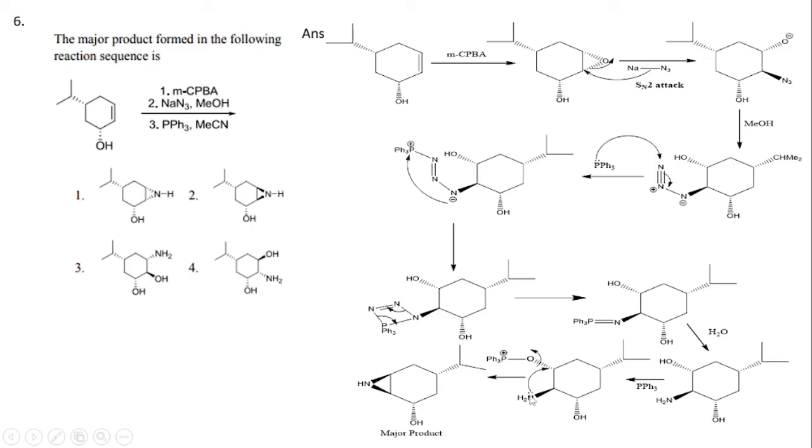Then, due to the SN2 attack of this amine, it leads to the release of this PPh3 plus and O minus, that is triphenylphosphine oxide, which is formed as the major product. This is formed as the major product here. So option 2 is the correct option.